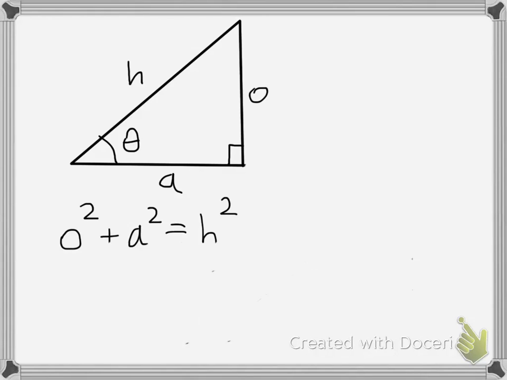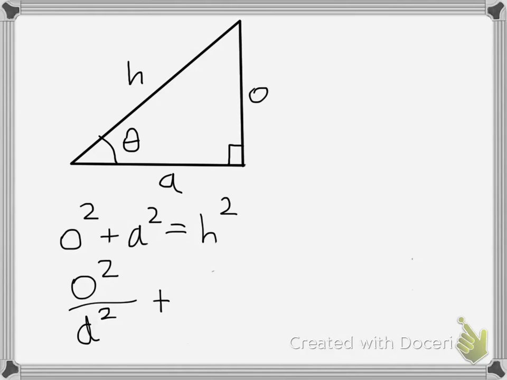The other ones come after you divide by something else. Now we're going to divide both sides by A squared, the adjacent side squared.